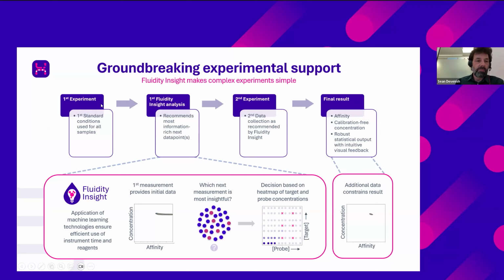When you walk up to the experiment, you take your sample, and it doesn't really matter what the sample is, you run a standard set of conditions. Then these first results are fed into Fluidity Insight, which carries out the analysis and makes a recommendation on where to proceed. You can see that blown up at the bottom here.